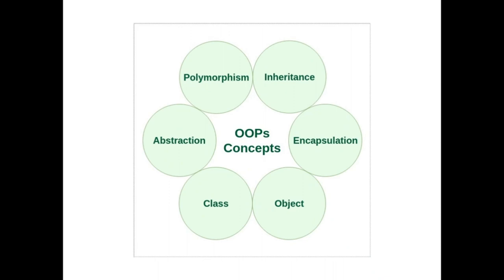Now we are at the next one, called encapsulation. This is the mechanism which binds the code and the data it manipulates. So it keeps both the code and the data safe from outside interference and misuse.